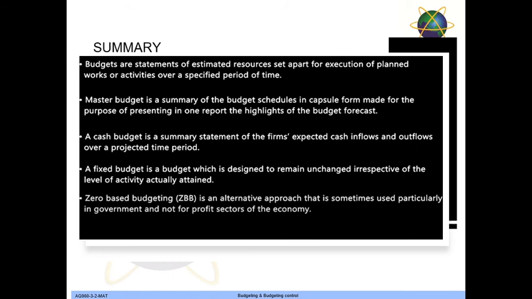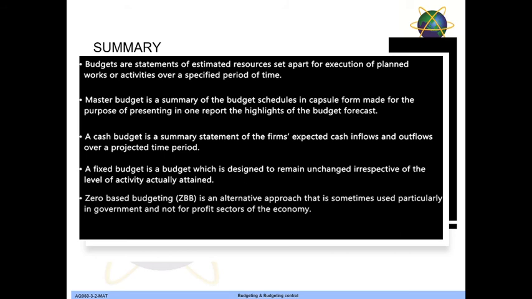Okay. For now, this is a summary of what we have learned today. Budgets are statements of estimated resources set apart for execution of planned work or activity over a specific period of time. Master budget is a summary of budget schedules in capsule form, made for the purpose of presenting in one report the highlights of the budget forecast.